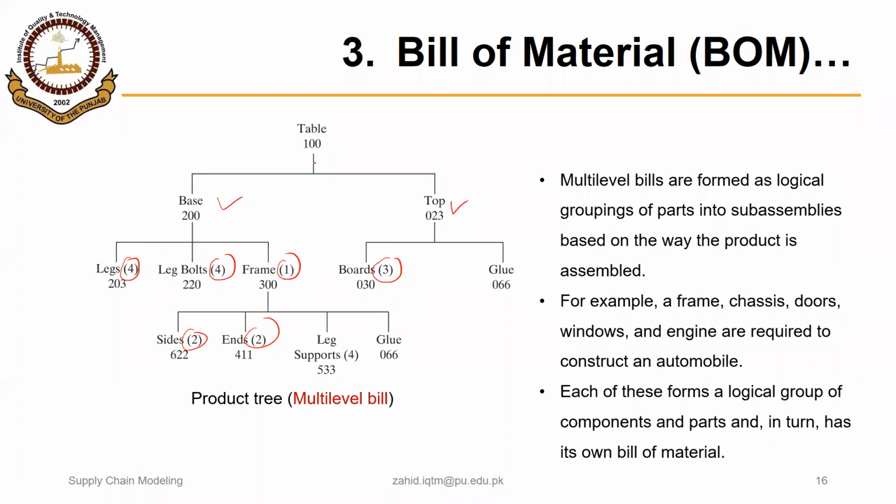So in order to make 1 final product, how many sub-assemblies and components are required? And secondly, the level. At which level is each component or sub-assembly required? So level here means when in the manufacturing sequence that part or component is required. Again, the higher the number, the earlier that component is required.